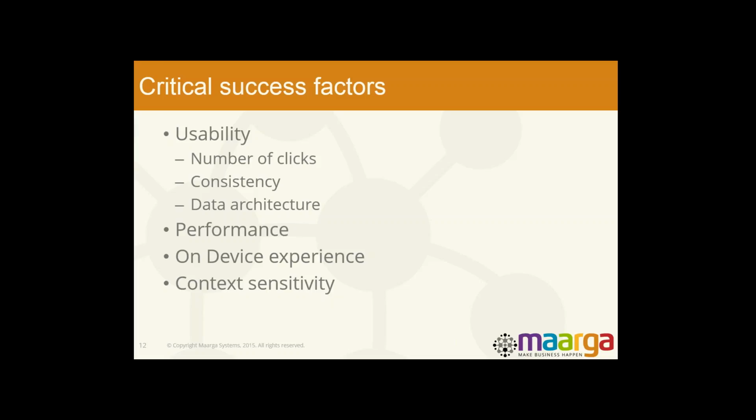So some of the critical success factors there are looking at the number of clicks, the consistency in terms of design, looking at the data architecture. It was common in Notes that you would have one form that loads multiple subforms, and you would just have collapsible sections. Then came dialog boxes to collect the data and then apply it back.